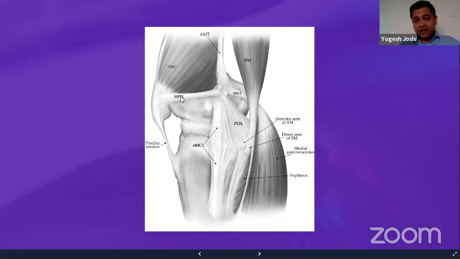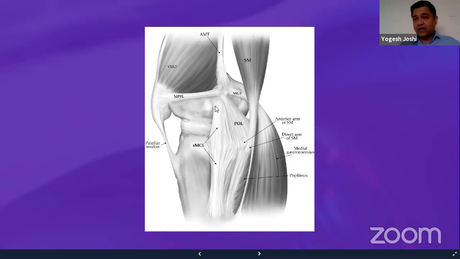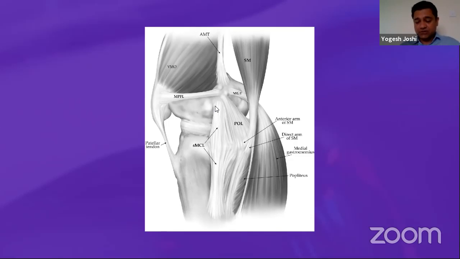So the MPFL, the medial head of gastrocnemius tendon, adductor magnus tendon, the superficial MCL, and the POL, they are all attached around the medial side of the knee, and there are just minor differences as to where exactly they attach. And with the three bony prominences, we can then decide where to put our grafts to reconstruct these different structures on the medial side of the knee.